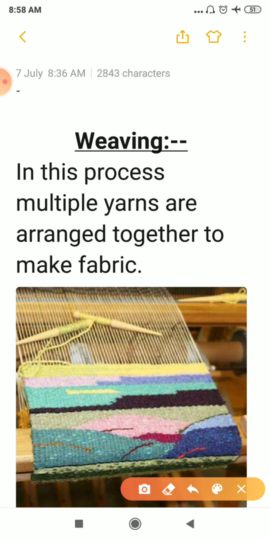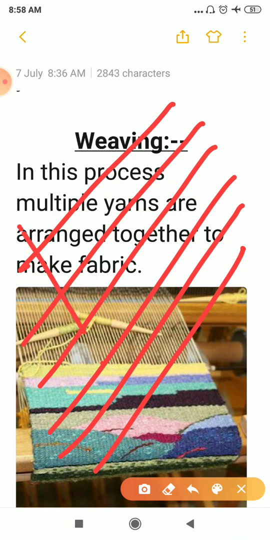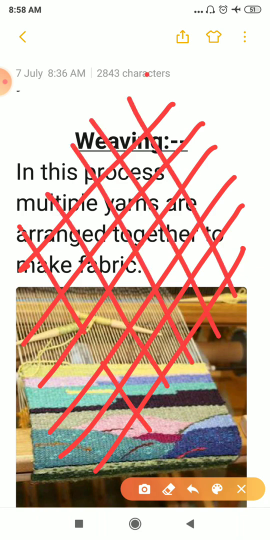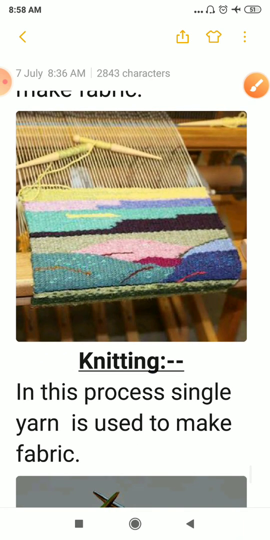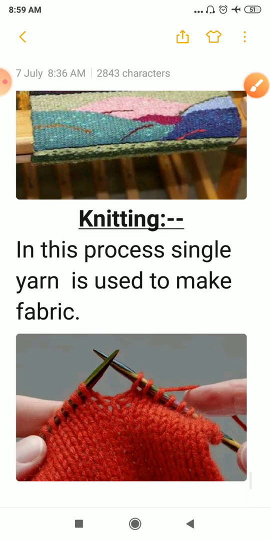I will show you. See, and again like this. The same process is being done here. In this way, multiple yarns are taken together and arranged in a special manner, and the fabric is ready. The second process is called knitting.